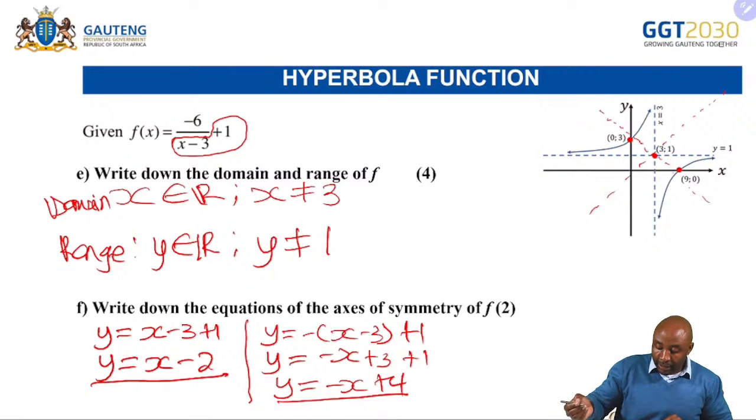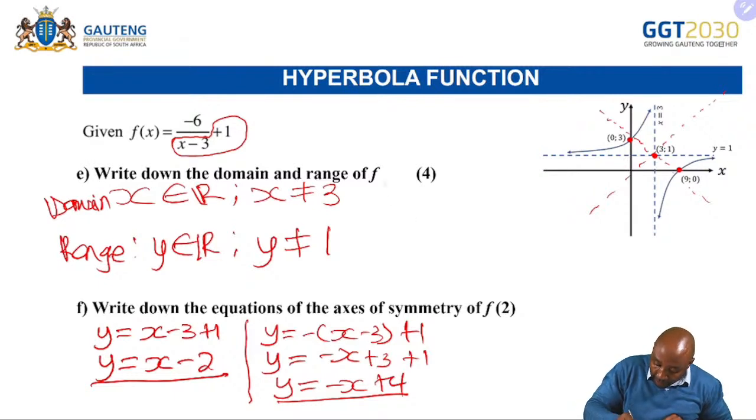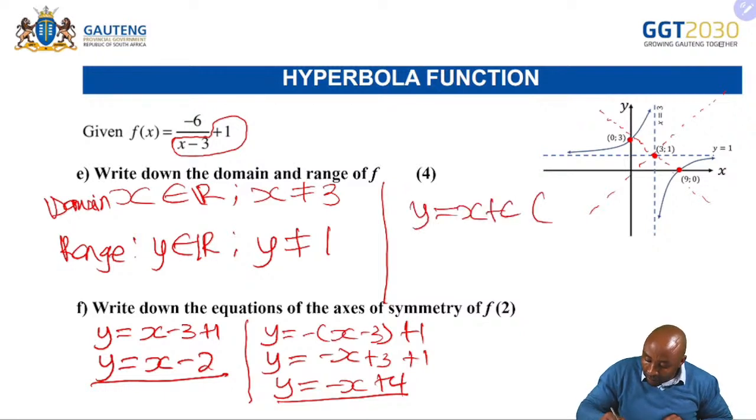Now, to just demonstrate the other way of getting the equation of the axis of symmetry, as I indicated, the one with the positive gradient will be given by y is equal to x plus c. We substitute the coordinates of the point of intersection of our asymptotes, which is 3 and 1. When our x is 3, our y is 1.